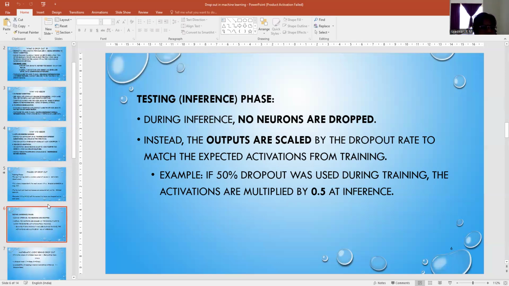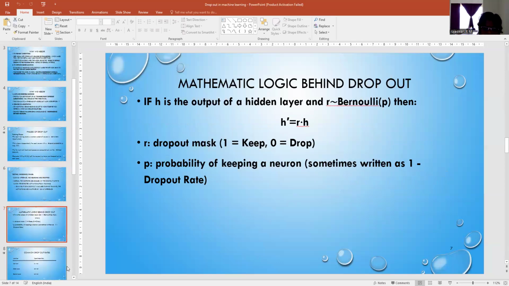The next one is the mathematical logic behind the dropout. Let's say you have a layer with neurons x1, x2, up to xn, in which you are going to apply dropout. During each forward phase, the output of each neuron is multiplied by a binary mask, a vector of zeros and ones, where each element has a probability p, usually set to 0.5.